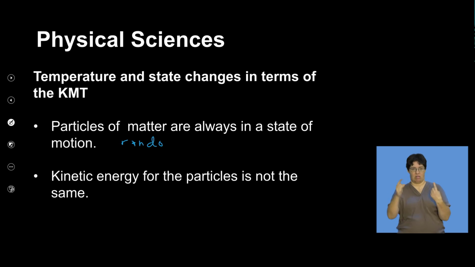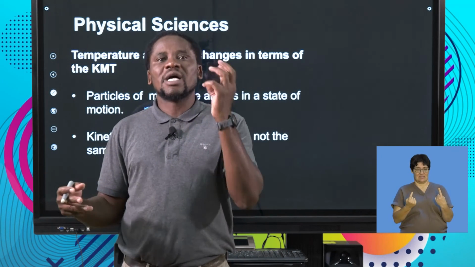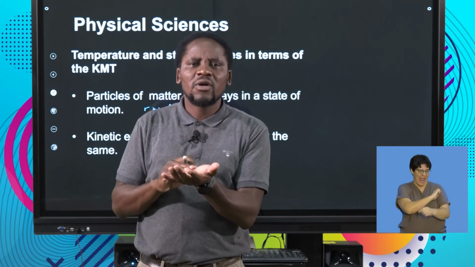okay? Right, because this is what gives rise to pressure in liquids as well as gases, right? But also, the kinetic energy for the particles is not the same. Now, kinetic energy as a quantity, we are asking ourselves, how much energy do these particles have for movement?